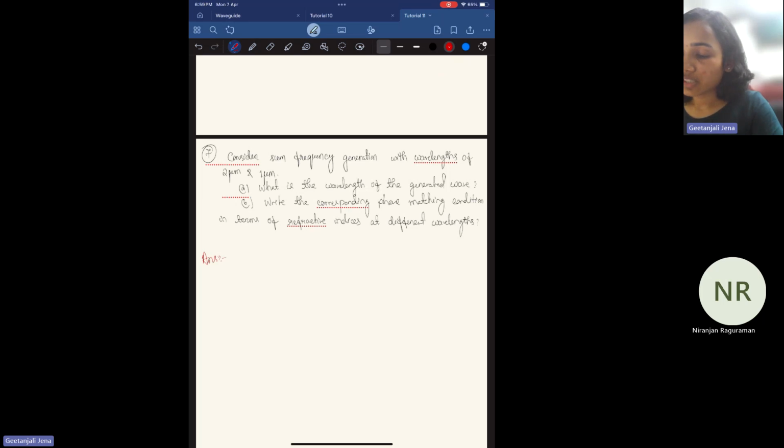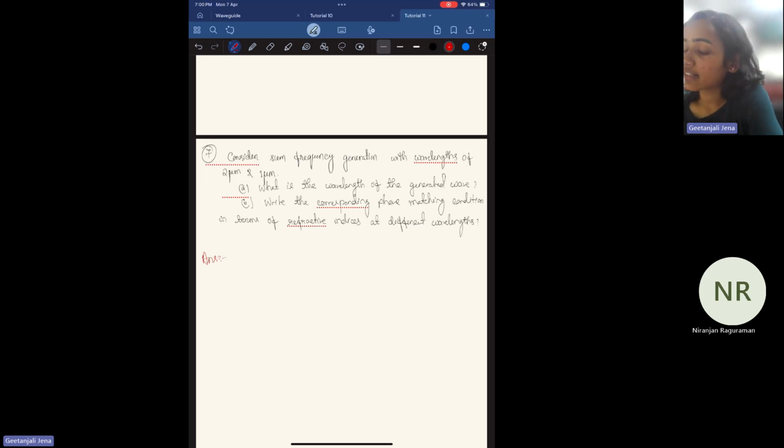What is the wavelength of the generated wave, and write the corresponding phase matching condition in terms of refractive indices at different wavelengths. If you recall, only when we have the required phase matching condition can we see the frequency generation because of the nonlinearity.